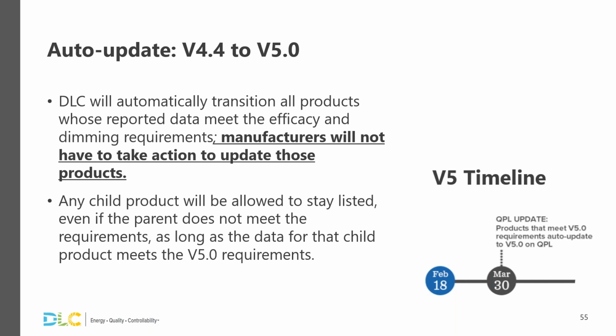We have done this so that the update process is less disruptive to the delisting of products, as full families will not be delisted based on the fact that a parent does not meet the requirements. So your child products will be able to remain on the QPL even if a parent is no longer eligible. Again, manufacturers will not have to take any action for these child products to be updated.